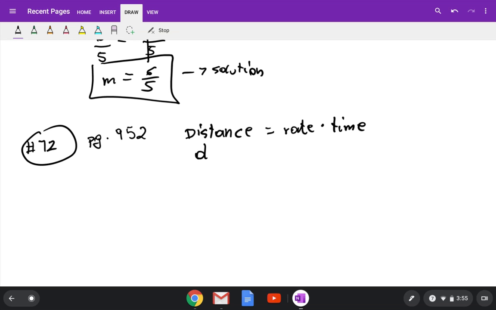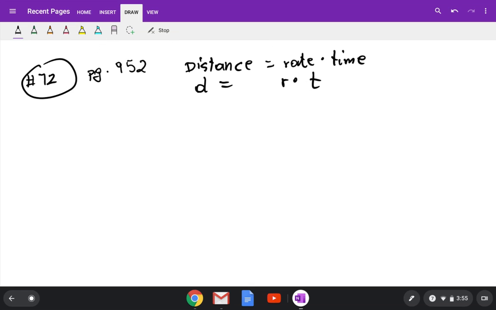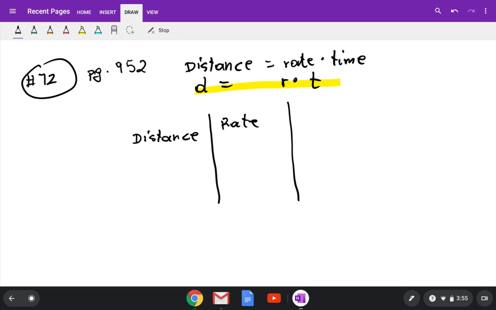So distance equals rate times time. I recommend that for these problems you set up the table the way I taught you. The first column will be distance, the second column will be rate, exactly as in the formula, and the last one is time.